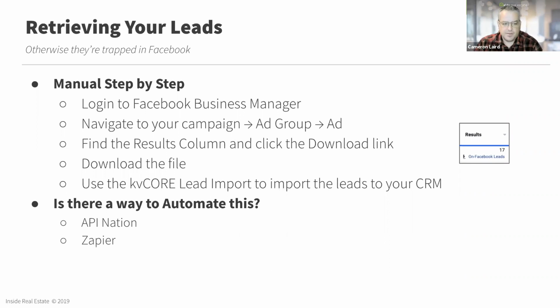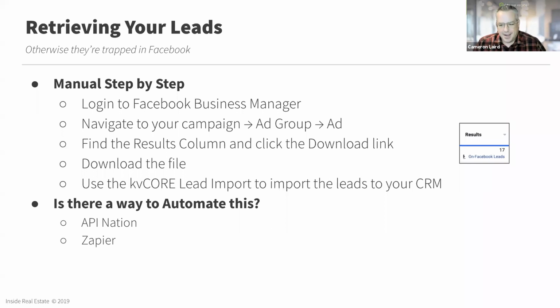As I'm talking through this, I'm going to walk you through what you're going to do. What you can actually do is go into your ad that's already been created, and you're going to look for this little box that says results. And this little link here will give you the ability to download a file that includes all of the leads that were generated by your ad. So you can kind of go and let this go and run, and then you can download that file and you can use the kvCORE lead import to bring them into the CRM.